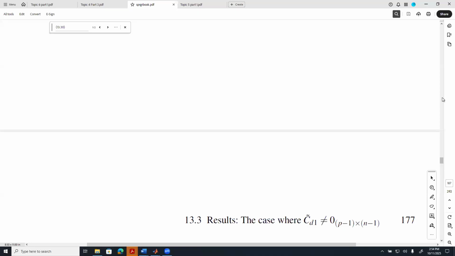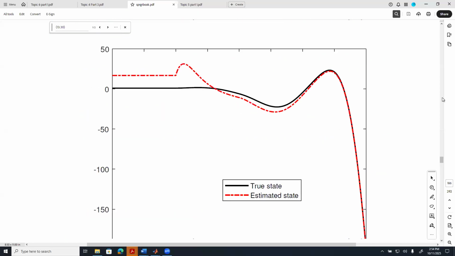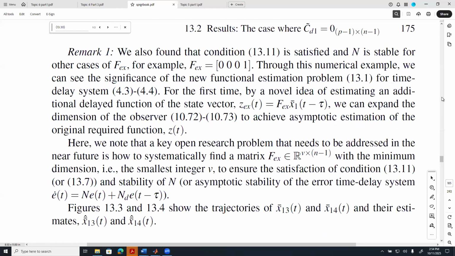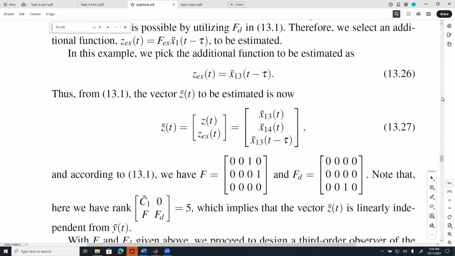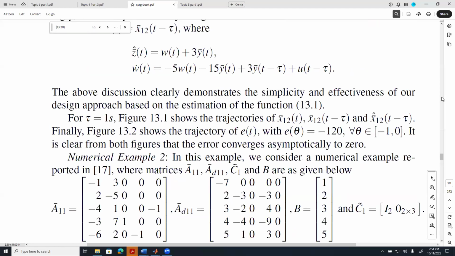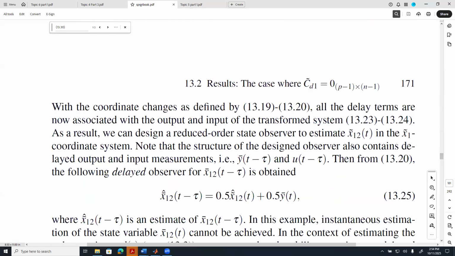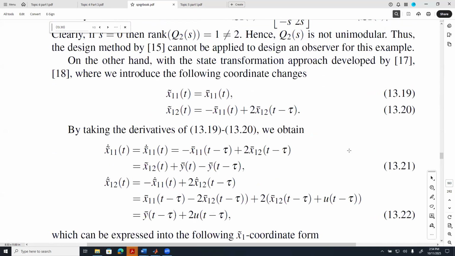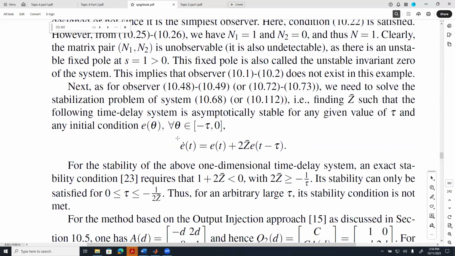Whereas in this situation, we can relax that error dynamic equation a little bit. When we look at example 1, we discussed it before, and we said that the error dynamic equation is actually more conservative.